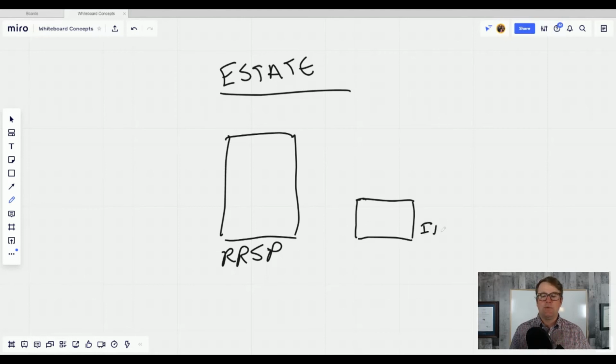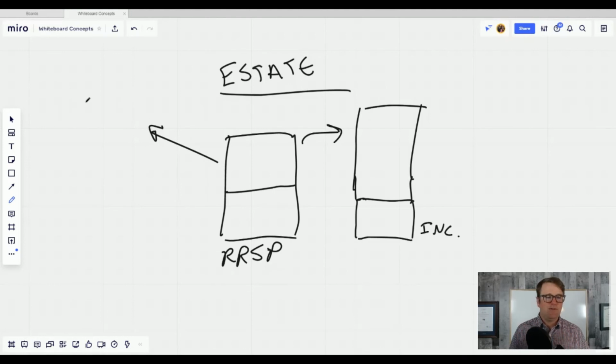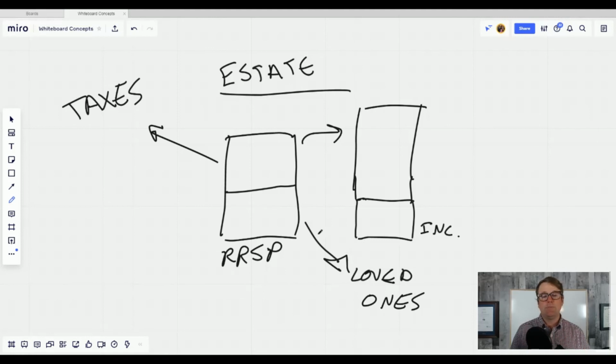So under almost all circumstances, there are some exceptions, all that RSP gets tacked onto the income. So in some cases, people will send half of what's inside of their RSP to taxes, and half to their loved ones or whoever they've considered as part of their estate plan.